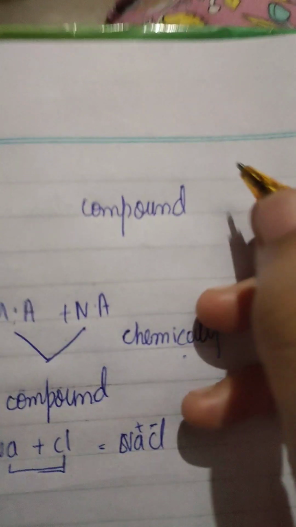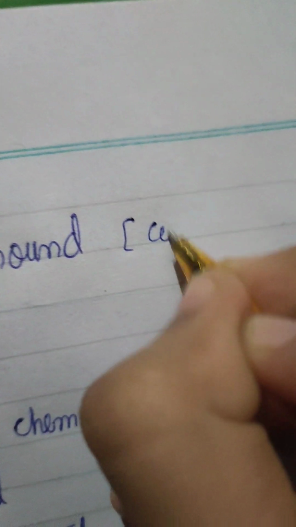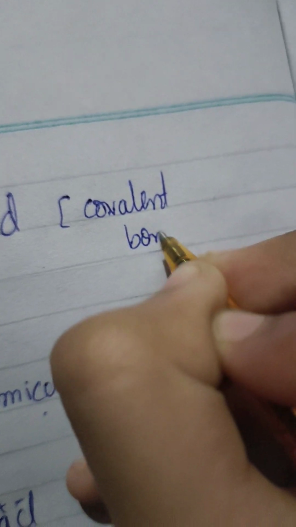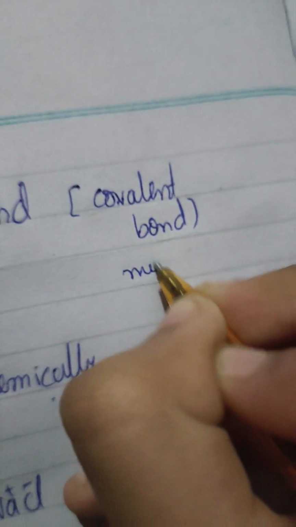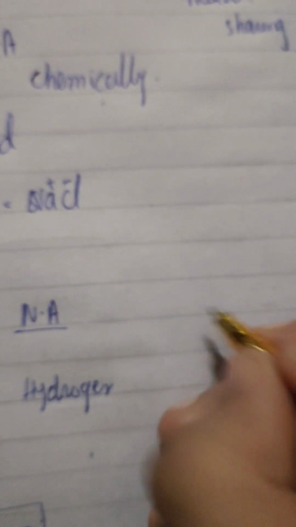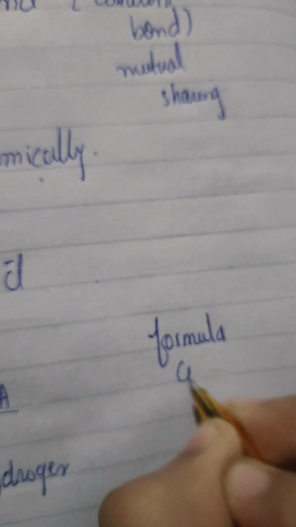Let me tell you one more thing about compounds: they are joined by a covalent bond, which is a bond of mutual sharing. Now we're going to discuss the formula compound.